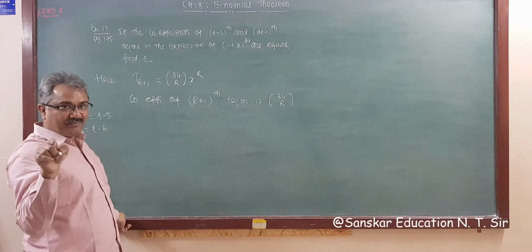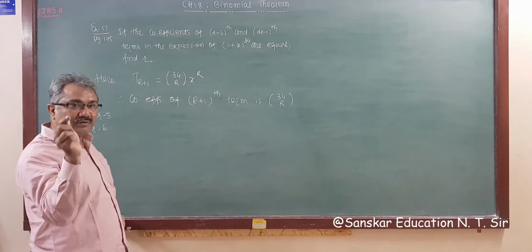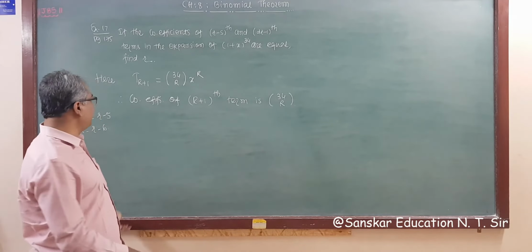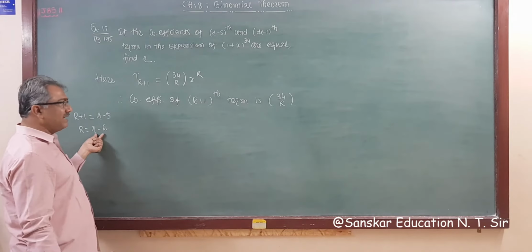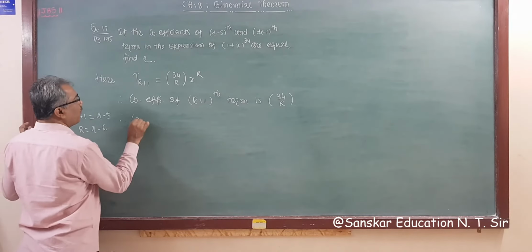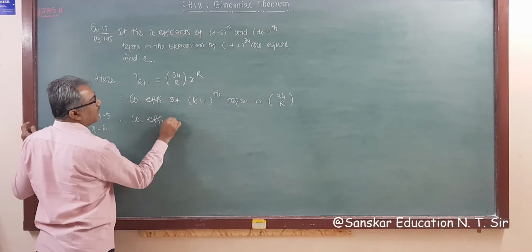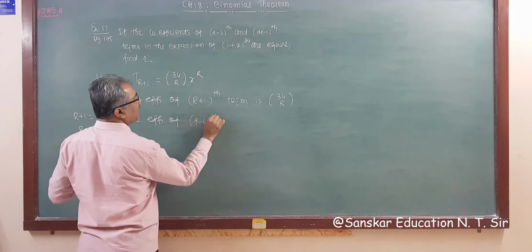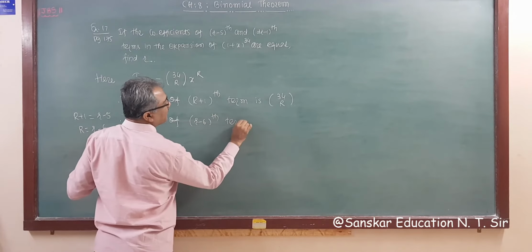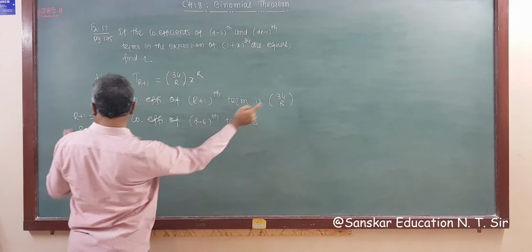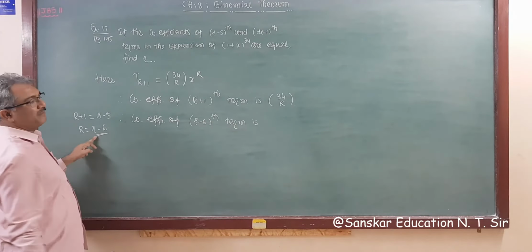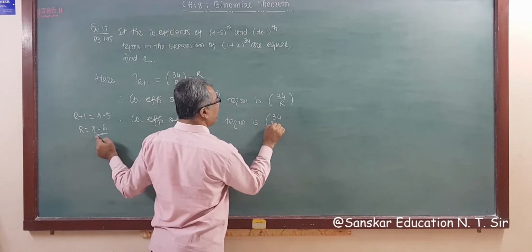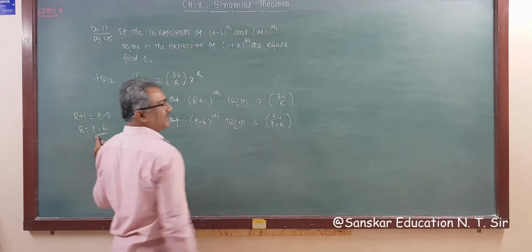And as we did in the previous example, you have to take 1 R less. So taking R is equal to r minus 6, therefore the coefficient of the r minus 6 term is what we have to take. Capital R is equal to r minus 6 is 34C r minus 6, right?